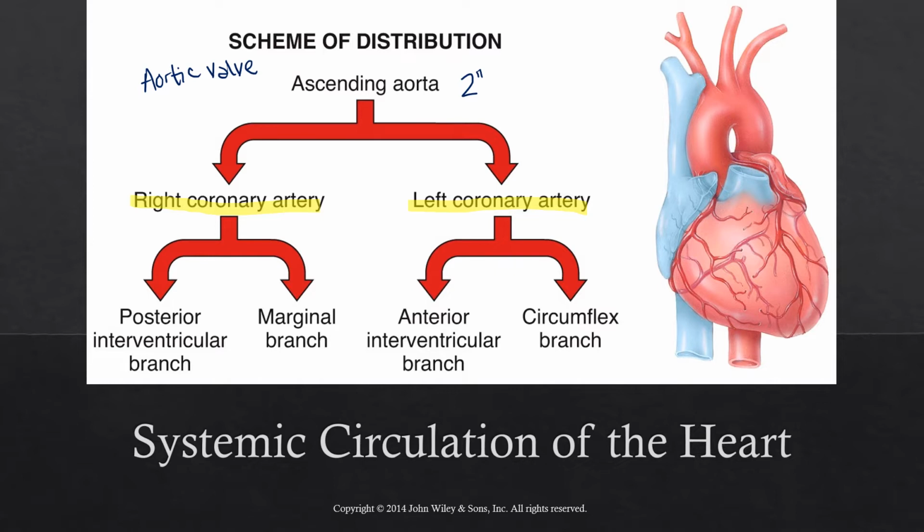Then we have the branches of each of these coronary arteries. First off, remember, the posterior interventricular branch is going to supply blood to both ventricles. Then the marginal branch is the other branch from the right coronary artery, and this supplies blood to the right ventricle.